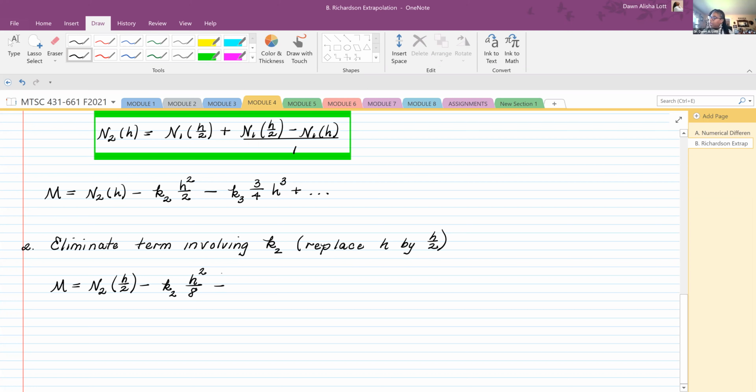And then when I do 3/4 times H over 2 cubed, H over 2 cubed becomes H cubed over 8. And then it multiplies by 4 and still a 3. So I get 3 over 32 H cubed plus dot, dot, dot.